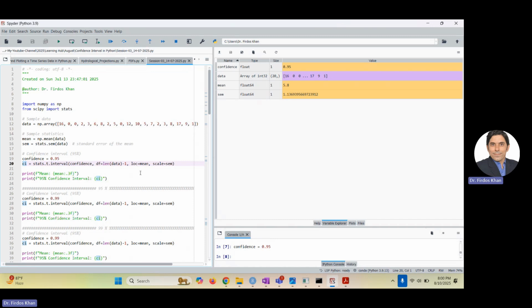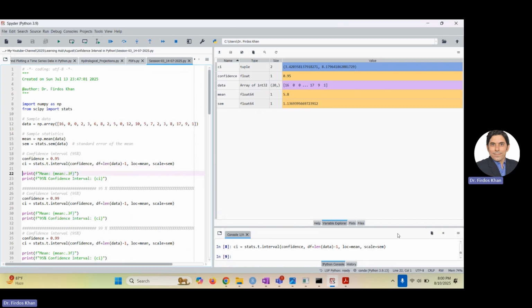Loc, that is location, is the mean value calculated from here, and scale is the standard error of the mean, calculated from the standard deviation. Do this, and that's all about calculating the confidence interval.